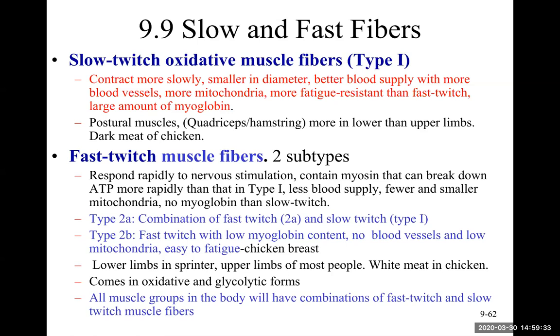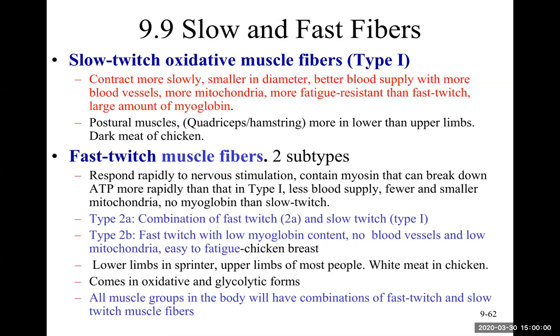Now, keep in mind, this last part is very important right here. In our bodies, all muscle groups will have combinations of fast twitch and slow twitch fibers. So when we say our postural muscles, our erector spinae muscles have more slow twitch fibers, right? It means that they have some fast twitch, but they have more slow twitch fibers found there.